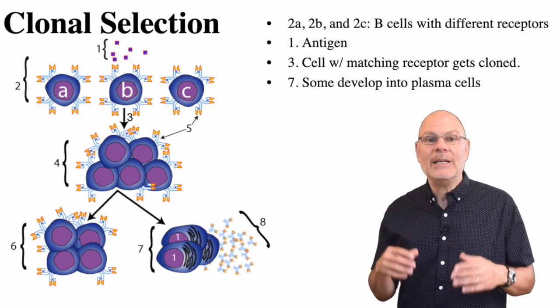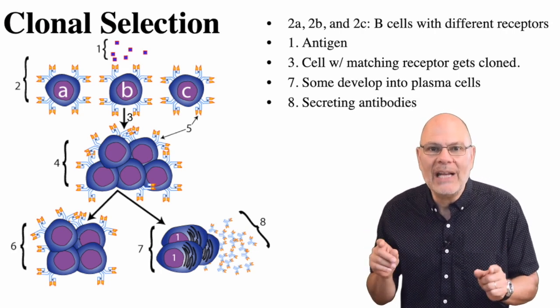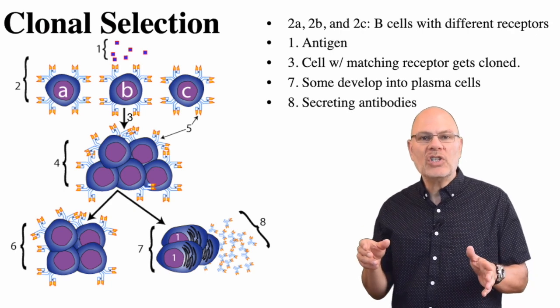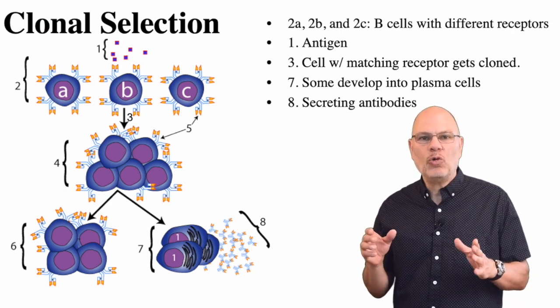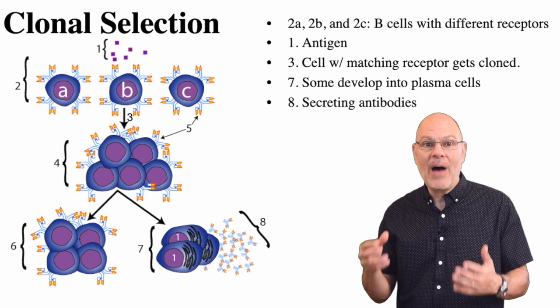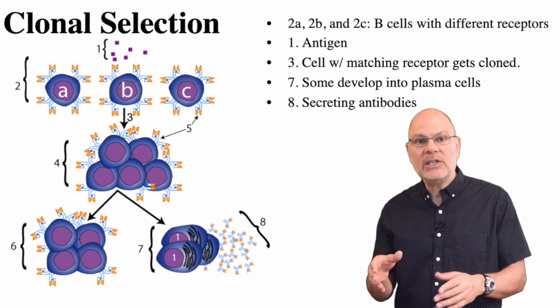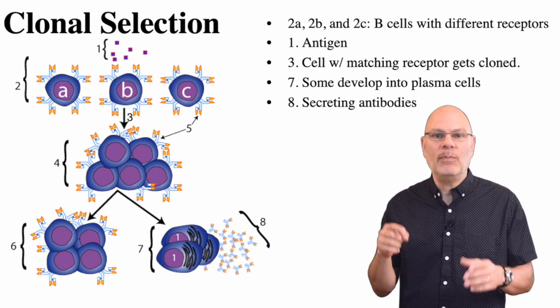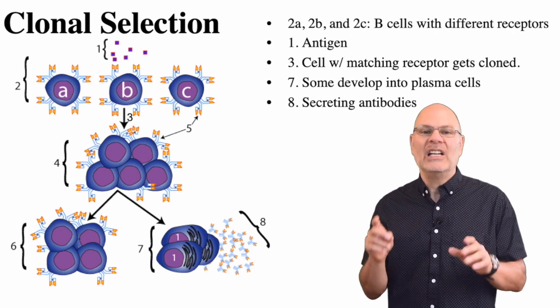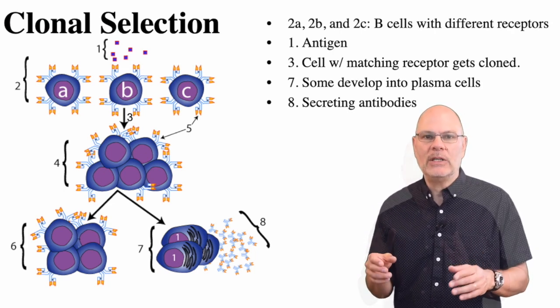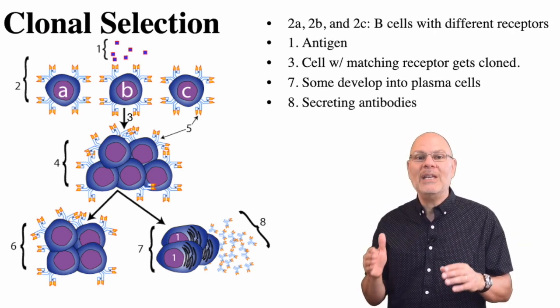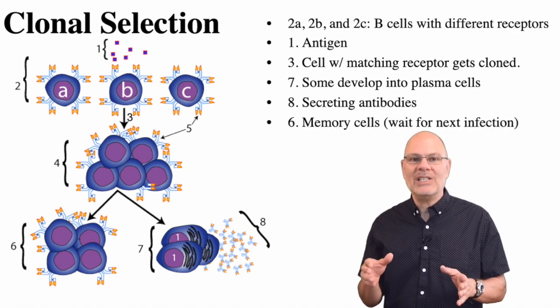These cells develop into plasma cells that secrete antibodies. Because of clonal selection, the antibody that's secreted has a shape that enables it to bind with the antigen. As it does, the pathogen that the antigen belongs to will be vanquished, and I'll show you how that happens in a moment. Other members of this clone will develop into memory cells, shown at 6.